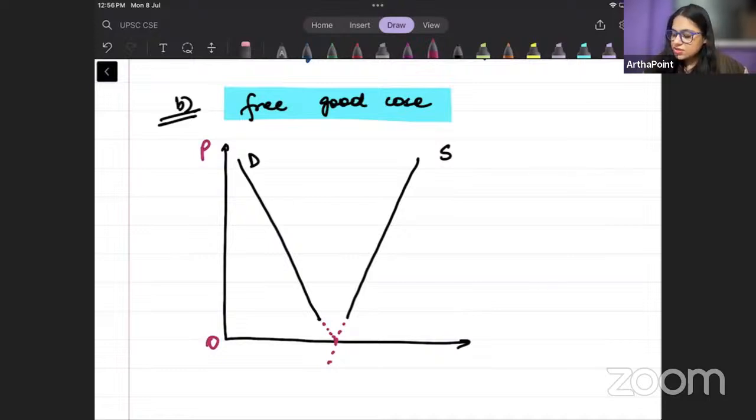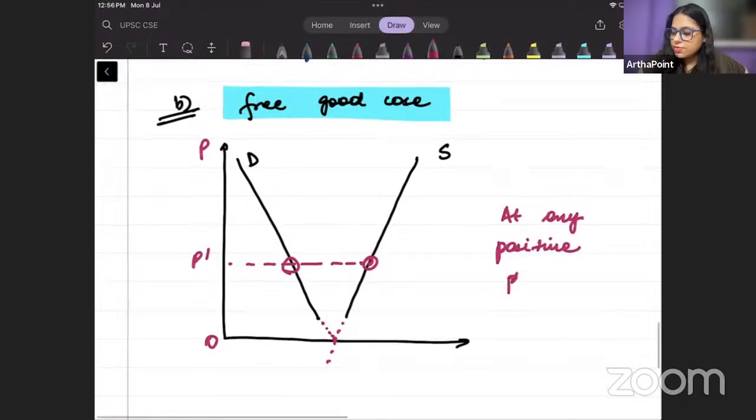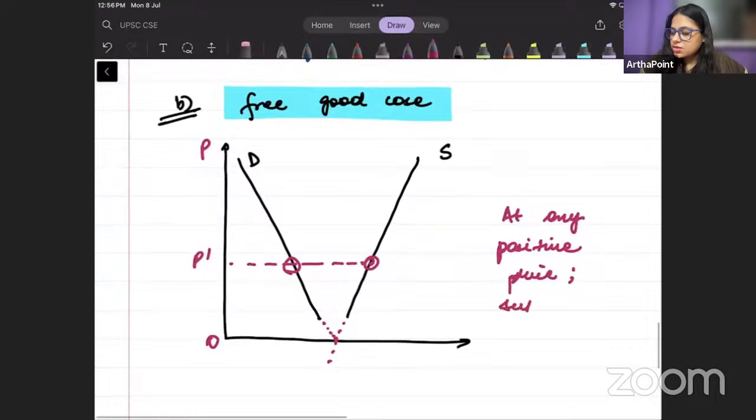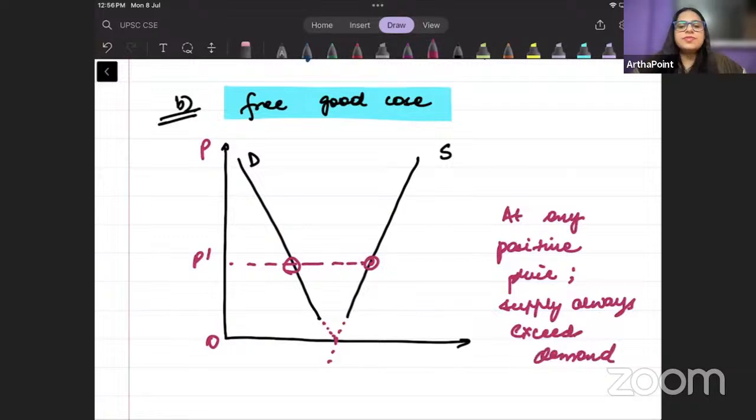So again, in this case, I pick up any price, any positive price, I will notice that supply will always exceed demand, right? So at any positive price, supply always exceeds demand.